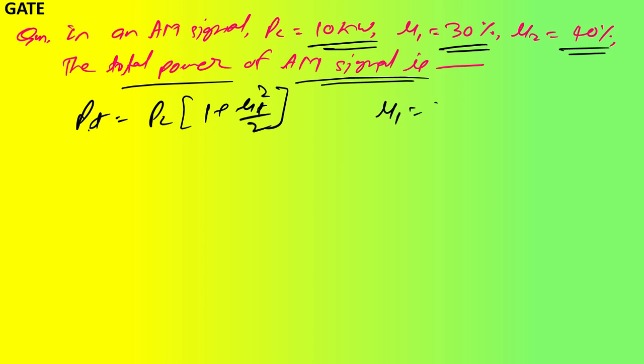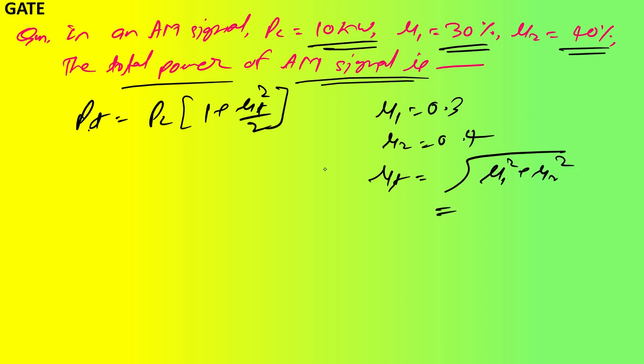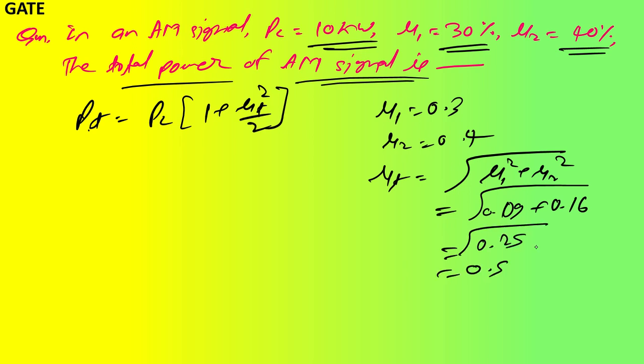So you have mu1 equal to 0.3, mu2 equal to 0.4, and mu t will be the square root of mu1 square plus mu2 square. So that is going to be 0.09 plus 0.16, that is 0.25, whose square root is 0.5. We just calculated this in the previous question.